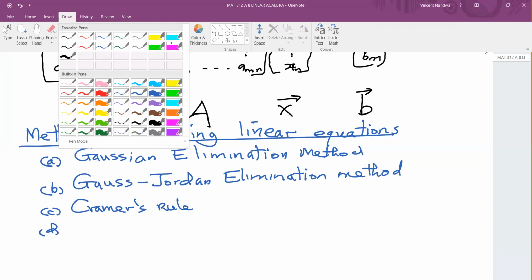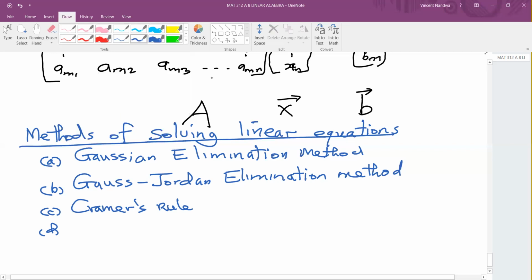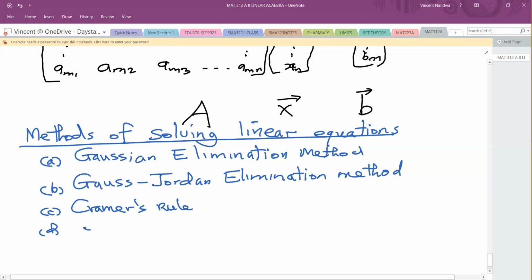We can also have what we call the Jacobi method, but the methods of interest in our discussion will be majorly these three. So I'm putting here etc. to mean that these are not the only ones that we can use to solve, but for the interest of this course, these three are the main ones that you have to do.